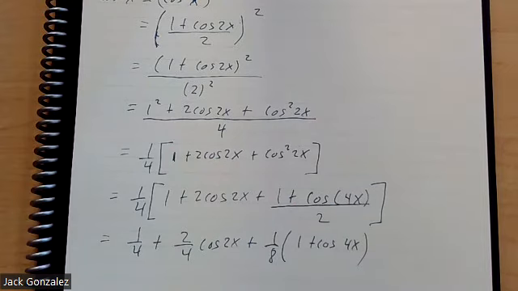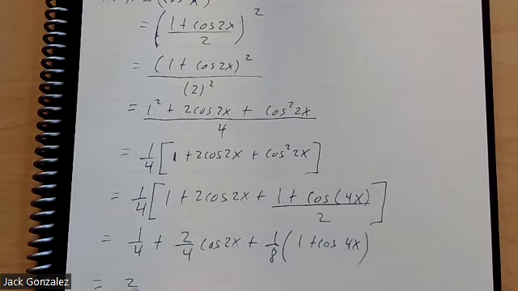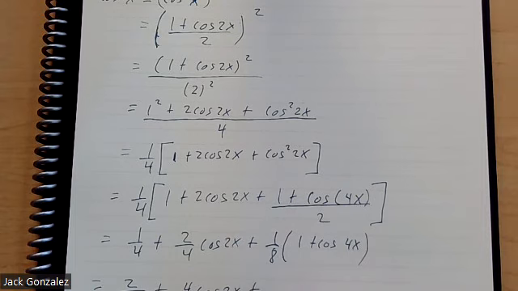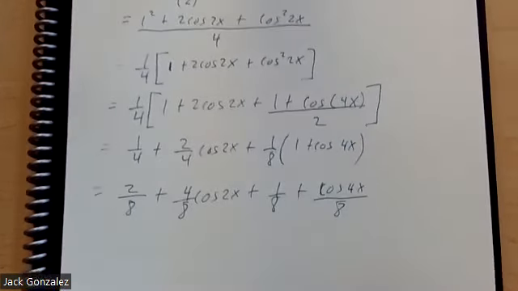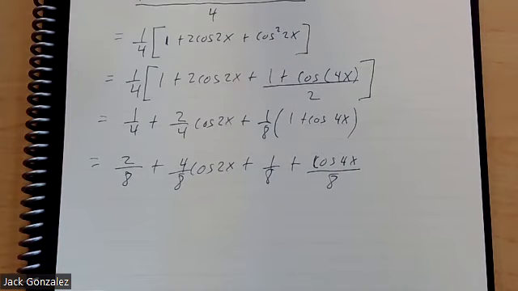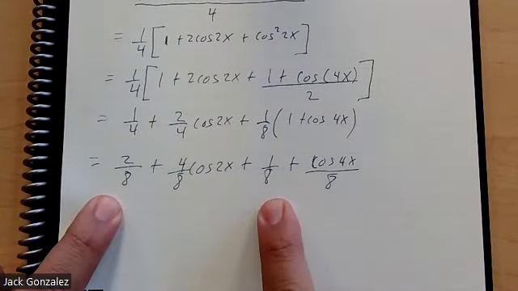All right. Just combine them to get the same denominator. This will become 2/8 plus 4/8 plus 1/8 plus cosine 4x over 8. Let's combine them all together and you'll be done. 2 plus 1 is a 3.